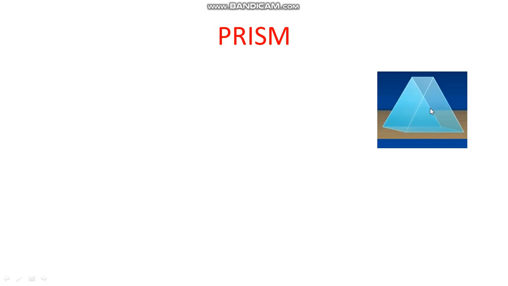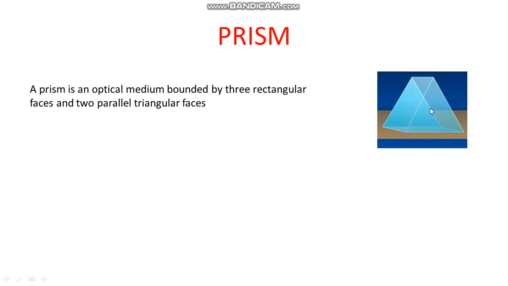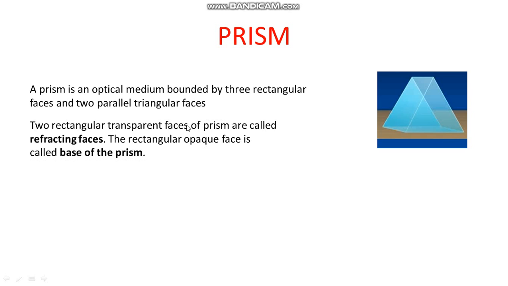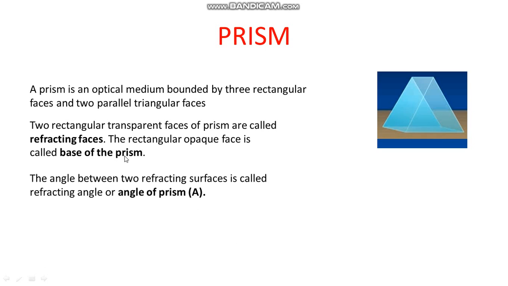Including three rectangular faces and two triangular faces, it becomes a prism. A prism is an optical medium bounded by three rectangular faces and two triangular faces. In that, two rectangular faces act as refracting faces, and the third one acts as the base of the prism.